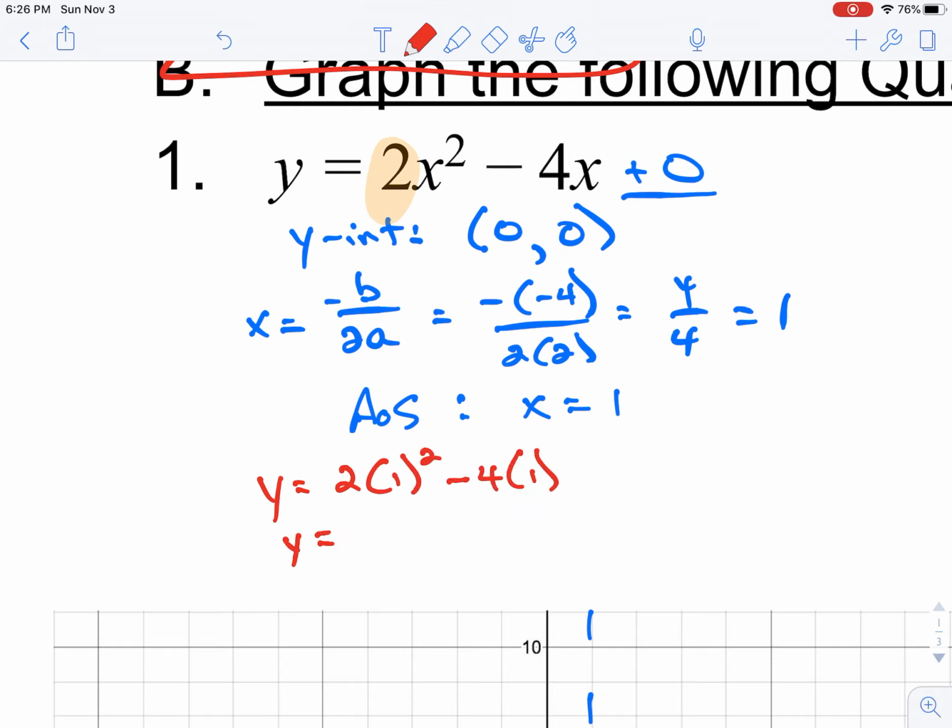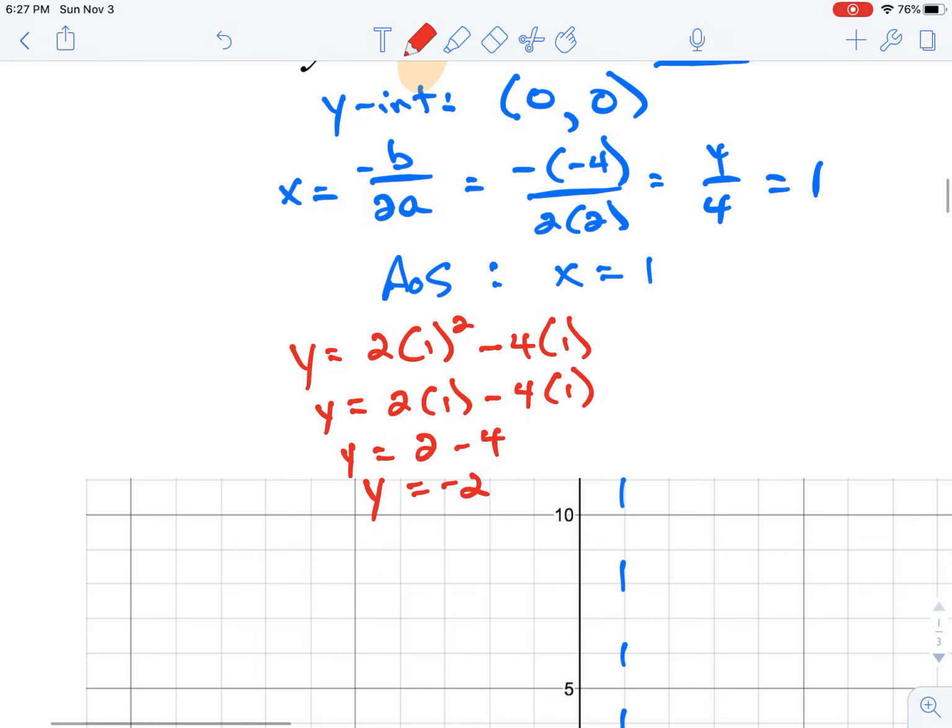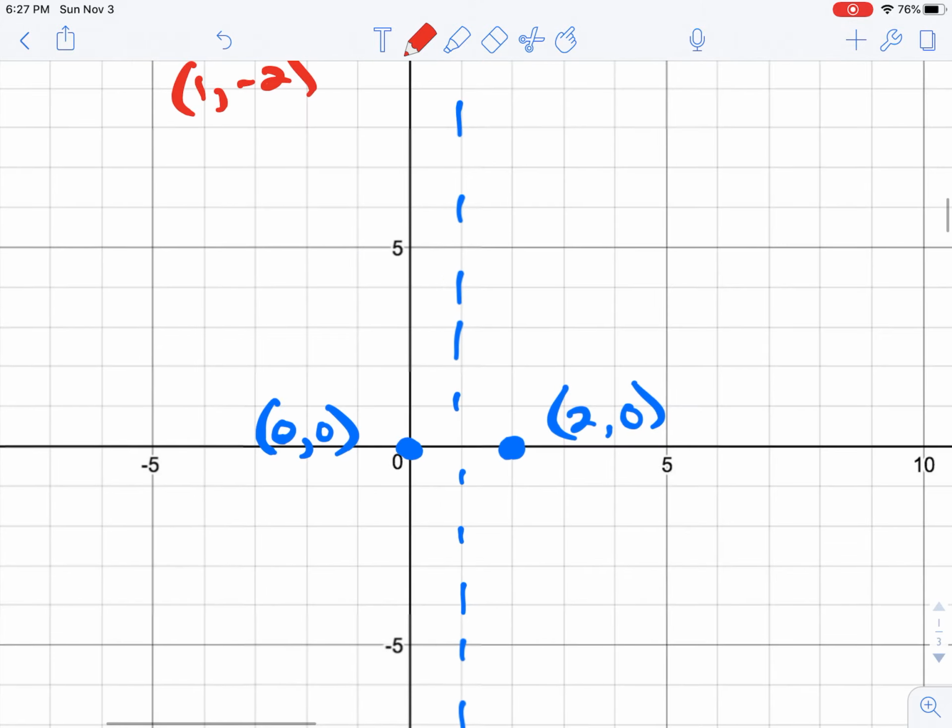Order of operations, exponents are the first thing we have to do. Then multiplication, 2 minus 4 gives us -2, which means (1, -2) is our vertex, which is right here. And then I'm going to try my best to draw a U-shaped graph through that.